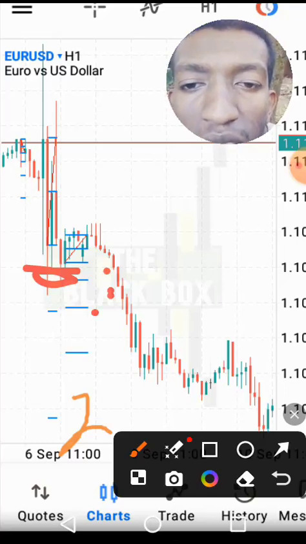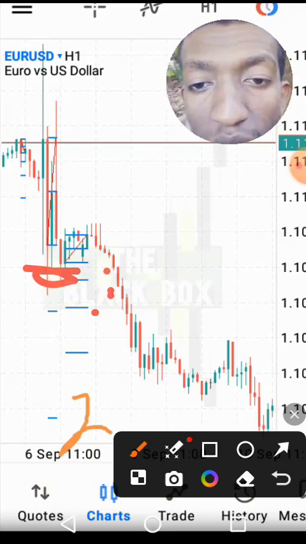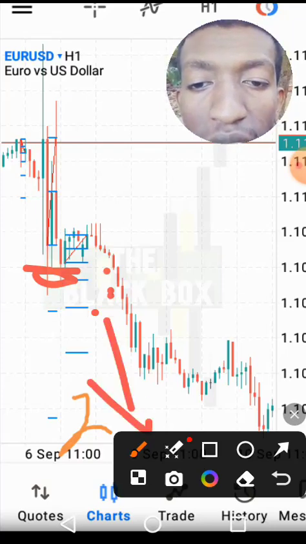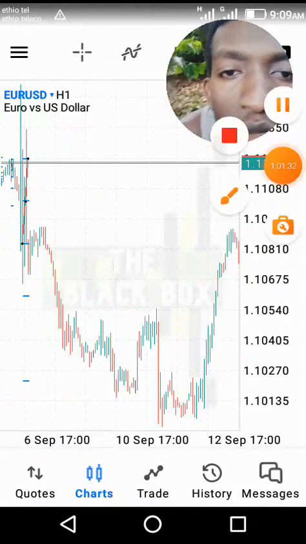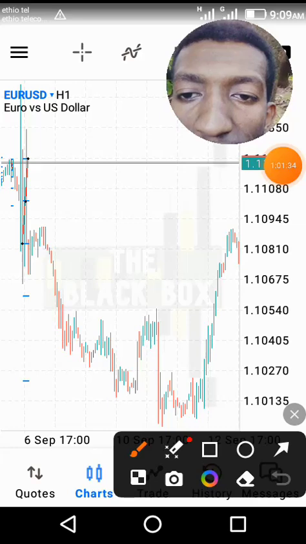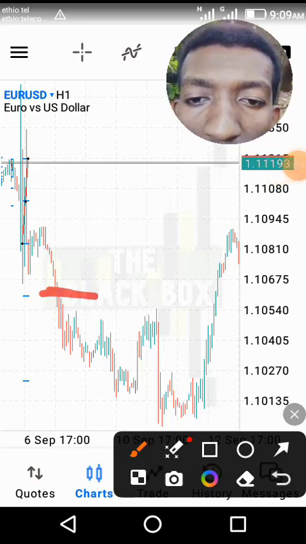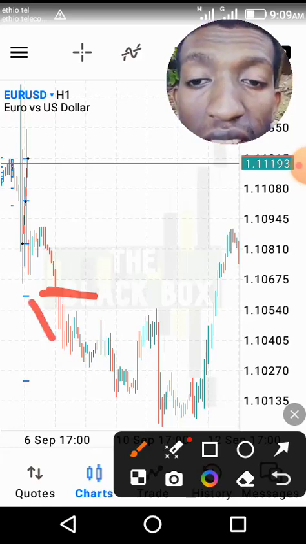At TP2 you take partials and let the other run. So the other 30% or 40% will be moving down. You took partials right at the grid, and look, the rest will be moving down.